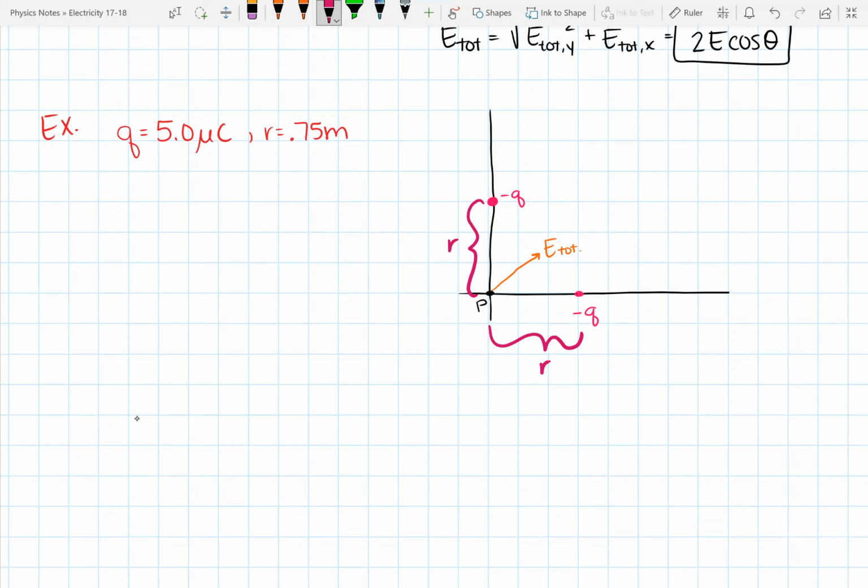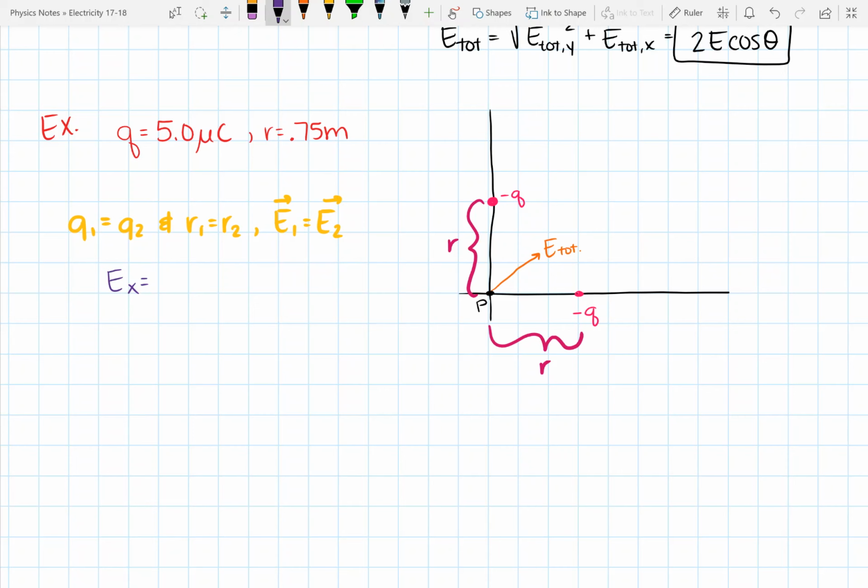So, I know that because Q1 is equal to Q2 and R1 is equal to R2, that E1 is equal to E2. Just makes things a little bit easier when I can say that. So let's go ahead and find our E in the X direction.